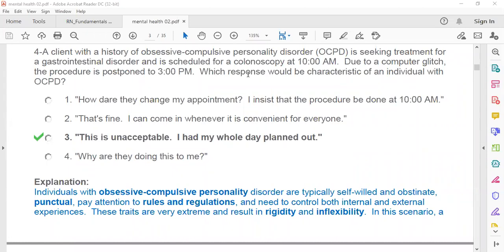So which response would be characteristic of the individual who has obsessive compulsiveness? This is a personality disorder as well.